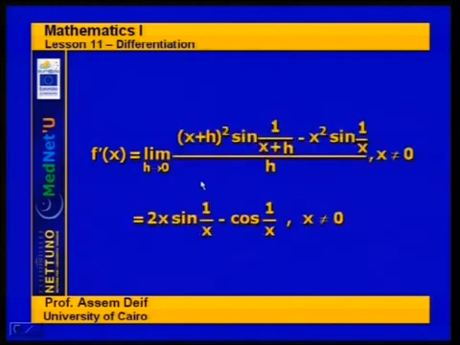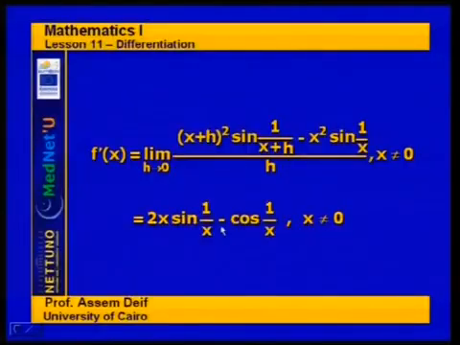We know that the cosine has no limit when x tends to 0. And so f prime of x has no limit at x equal to 0. And therefore, since f prime of x has no limit, yet f prime of 0 exists, f prime is not continuous, and we cannot rely again on the derivative at any point x and then take the limit when x tends to 0.